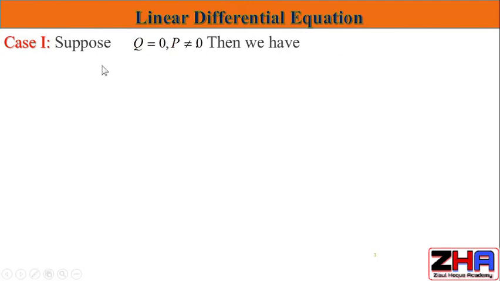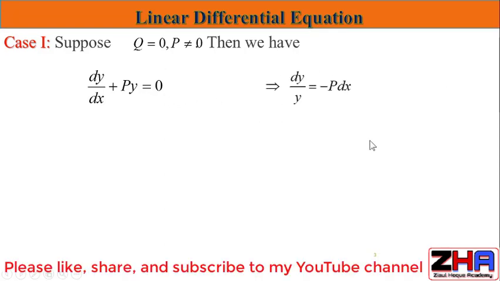Case 1. Suppose q is equal to 0, p is non-zero. Then from equation number 1, dy by dx plus py equal to 0 implies that dy by y is equal to minus p dx.